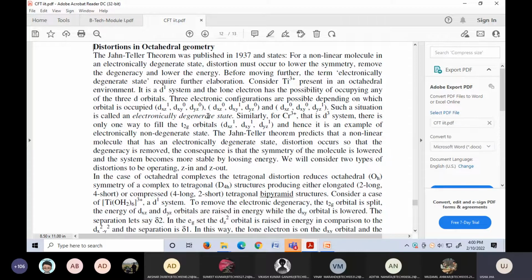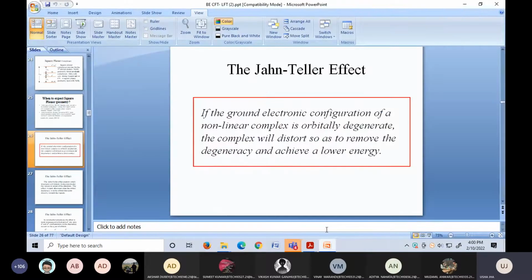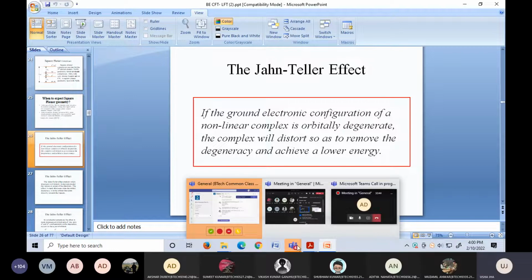Now, this is what the statement meant: if in a ground electronic configuration of a nonlinear complex, it is electronically orbitally degenerate, the complex will distort so as to remove the degeneracy and achieve a lower energy. Now, what can happen in such a case?